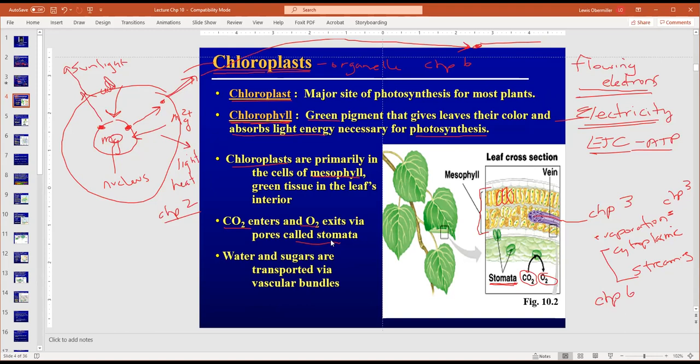So that's how plants make sugars and how they transport it to other cells that aren't sugar producing cells, like the stems and the roots, because the roots don't get sunlight, so they can't do photosynthesis. Any questions about this so far?